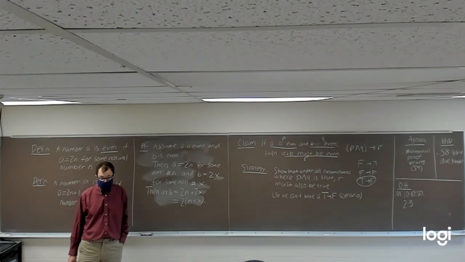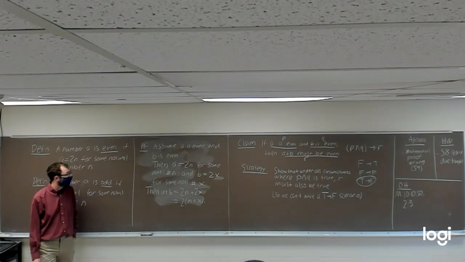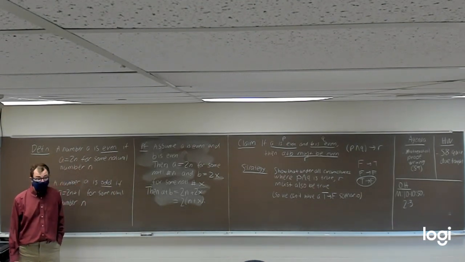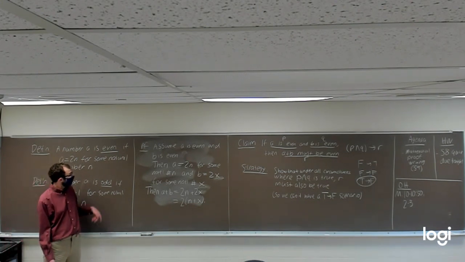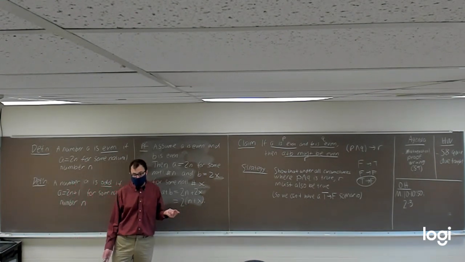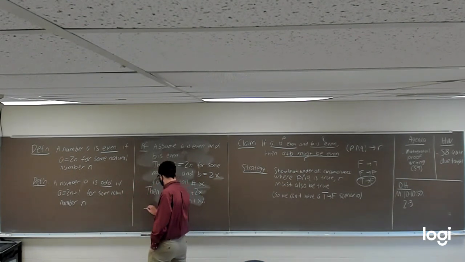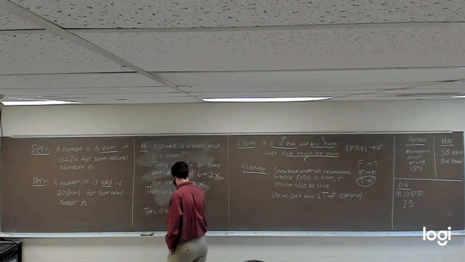Well, is n plus x a natural number? Because if it is, then we're done. We've shown a plus b is 2 times a natural number. And I think it is, because n and x were natural numbers to start with. So when we add them together, we should get another natural number. Thus, a plus b is a multiple of 2.